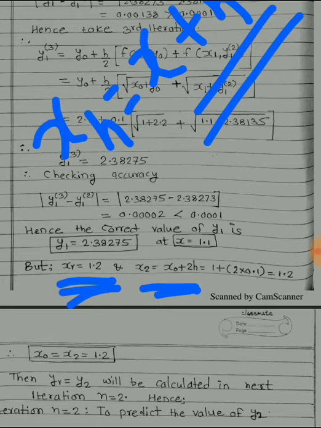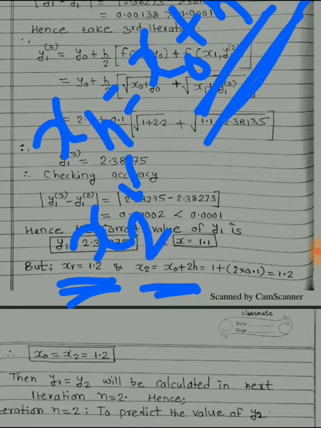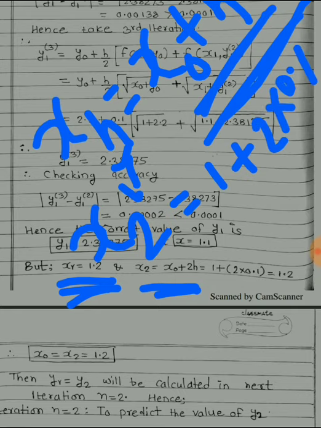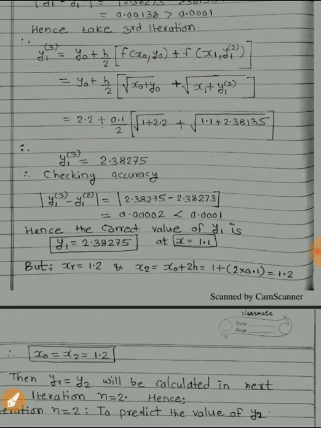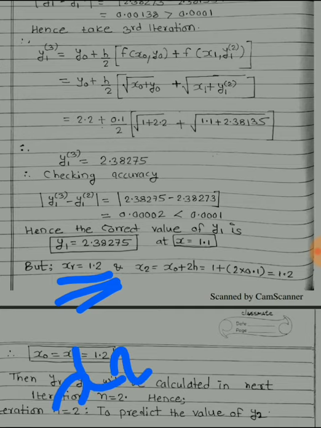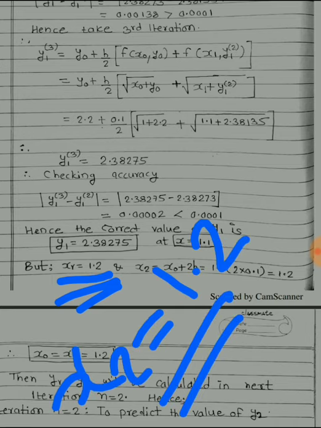Now if I am taking the step size of 0.1, for the new value of x, that is x2, n has become equal to 2. x2 is equal to x0, which was 1, plus 2 into 0.1, that becomes 0.2. Hence the new value of x will be 1.2, that is x2 equals 1.2.